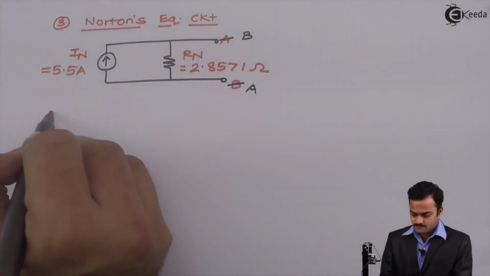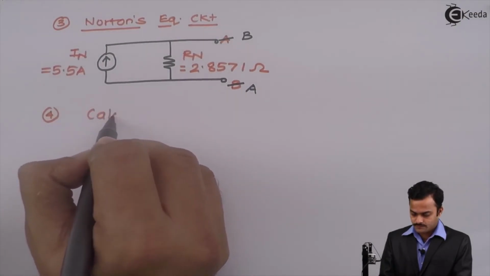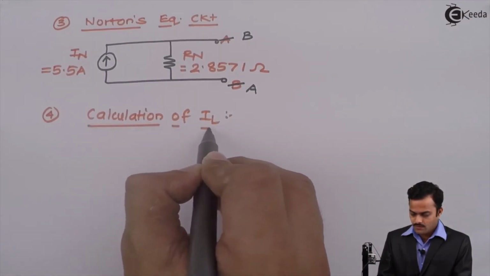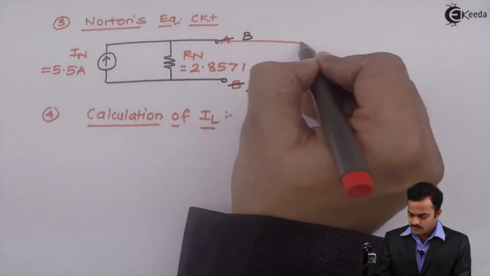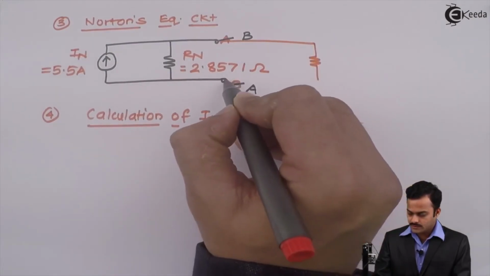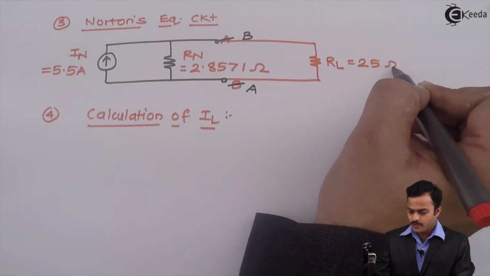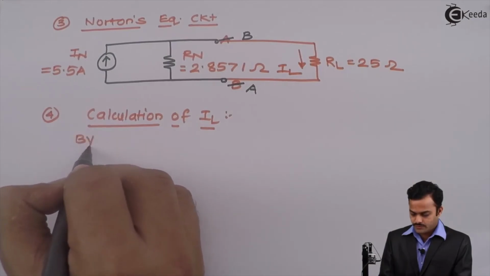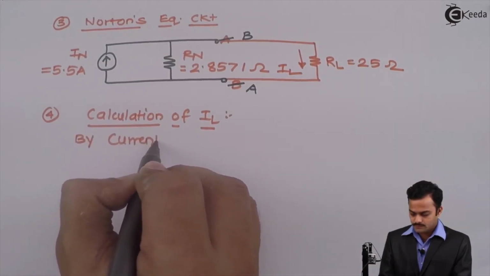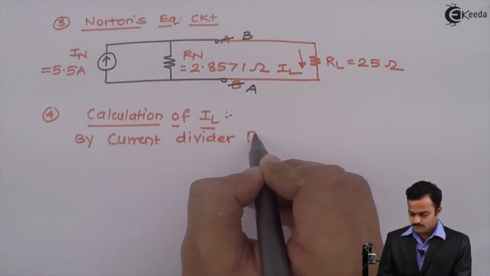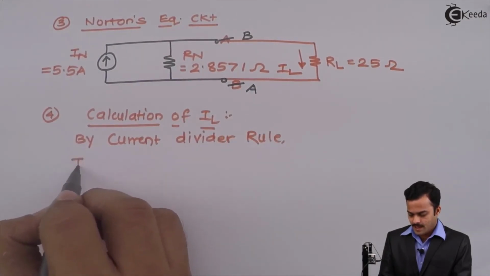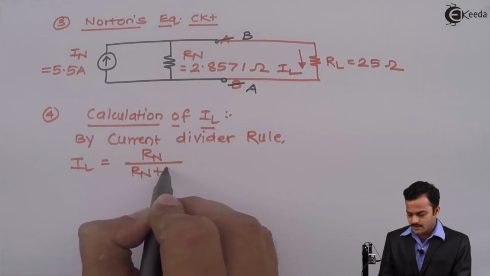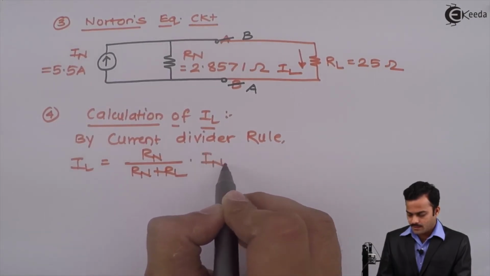Let's go to the fourth step, that is calculation of IL. For this, we need to connect load resistance to this Norton's equivalent circuit. It's a 25 ohm, and this current we are supposed to find out. So we have to use current divider rule. So by current divider rule, I can say IL equals Rn divided by Rn plus RL multiplied by IN.